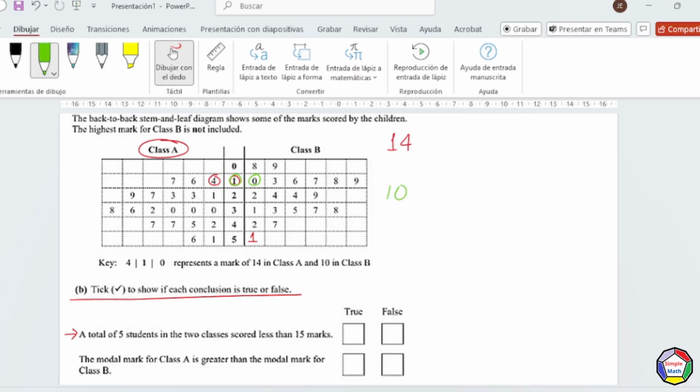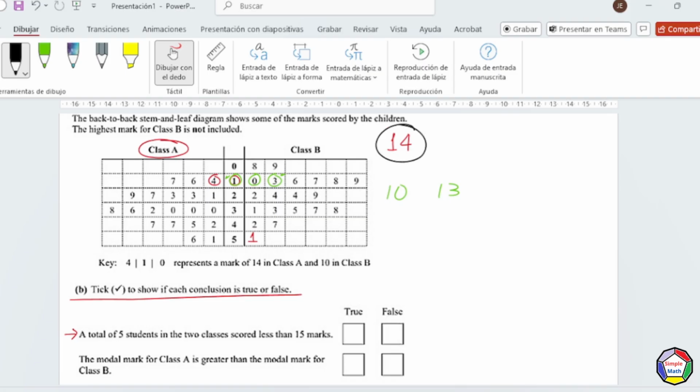We have the number 13, 1 and 3 makes 13. 1 and 6 makes the number 16, so it doesn't work because it's not less than 15. So if you see in class A, there is only 1 student that scored less than 15 points.